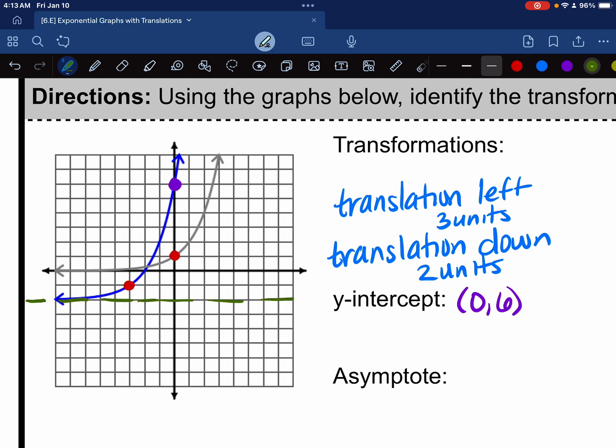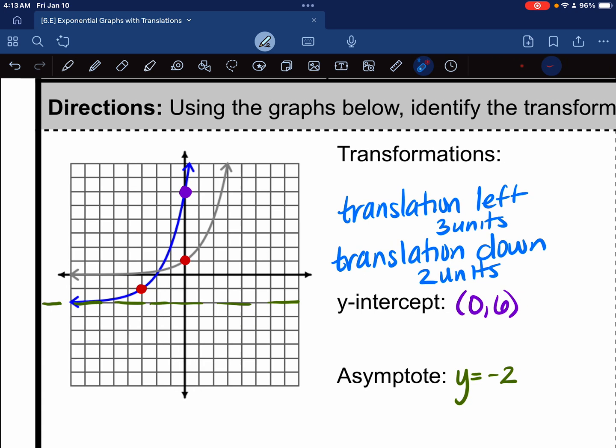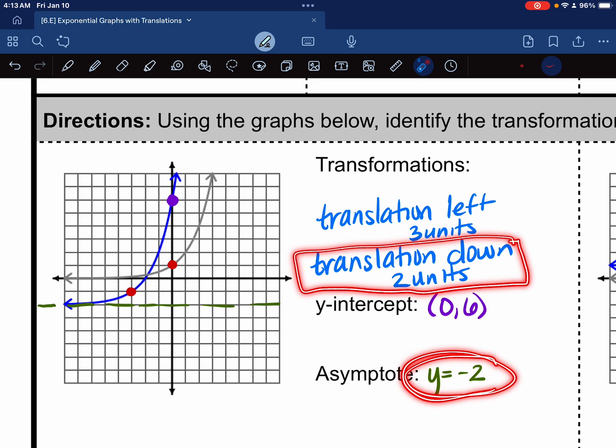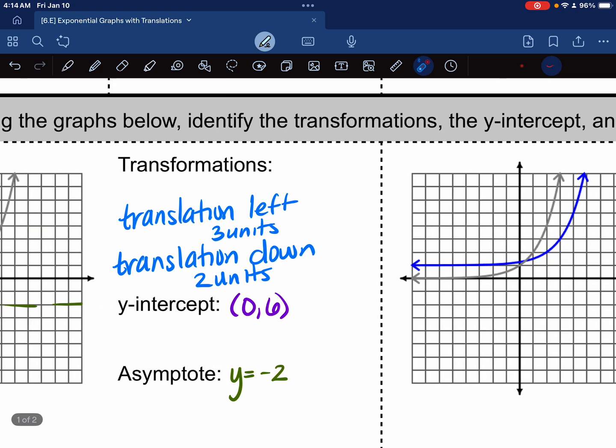It flattens out and gets closer and closer and closer to that line, but it never touches it. And so that's the asymptote y equals -2. Do you notice how y equals -2 matches what the k value would be here? That's the best way to tell.